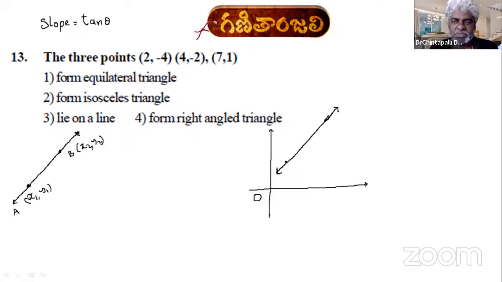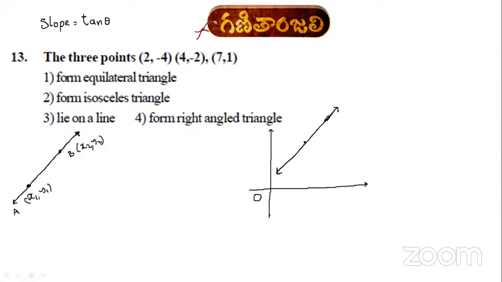In that class, we understood that on a horizontal line, y coordinates are same. On a vertical line, x coordinates are same. Very good.